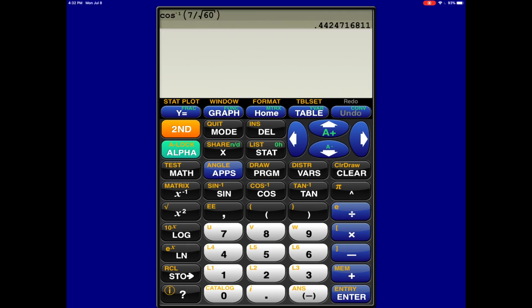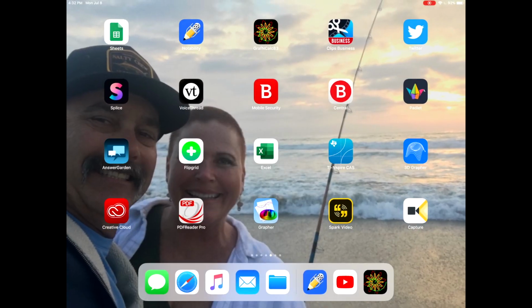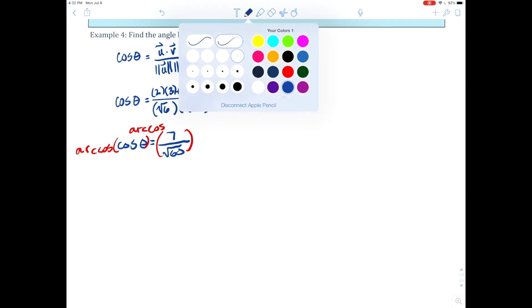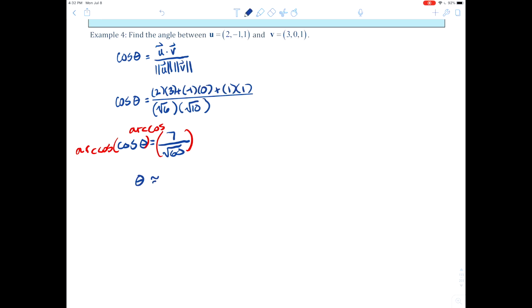And when you do radians, you want to go 4 digits. So we get approximately 0.4425. I just evaluated the arc cosine of both sides. And we got that theta was approximately 0.4425. Nice thing about radians is you don't have to write that it's in radians. If there's no unit, it's assumed.